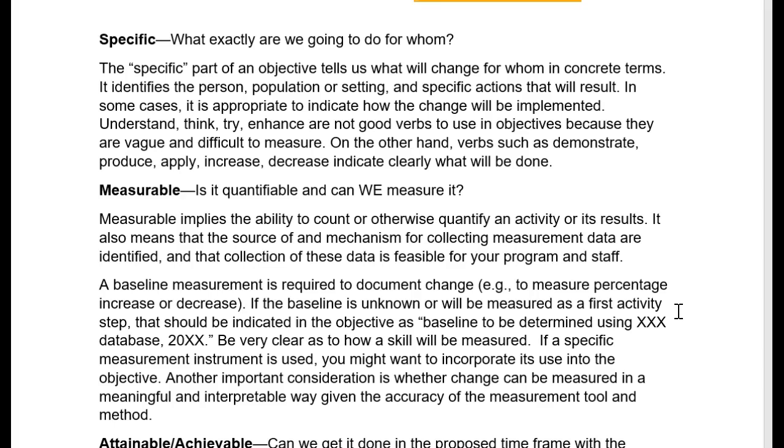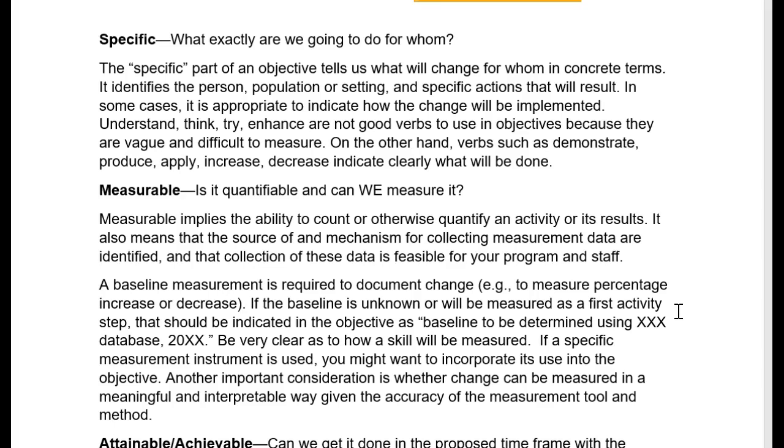So what we're going to do is target that when presented with 3 math facts, 3 addition facts, adding numbers to the sum of 5, Jack will correctly add those numbers 4 out of 5 times. So we're going to be very specific in terms of how we measure it, the number of times we expect him to be accurate.